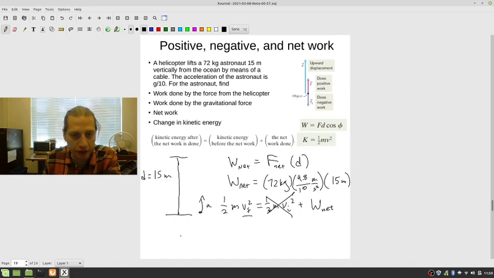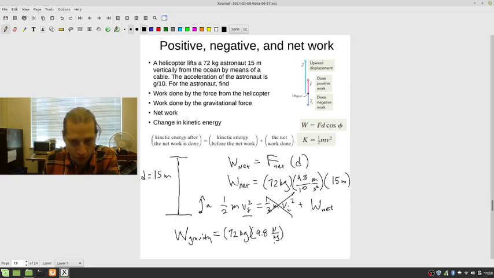Now, the work being done by the helicopter is a little bit harder to find, but the work done by the gravitational field, so the work of gravity, is just going to be the force of gravity. That's your mass of 72 kilograms times 9.8 newtons per kilogram.